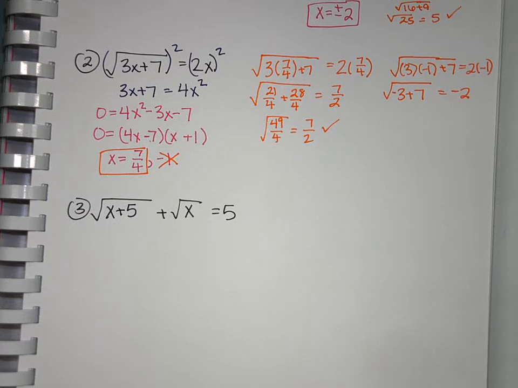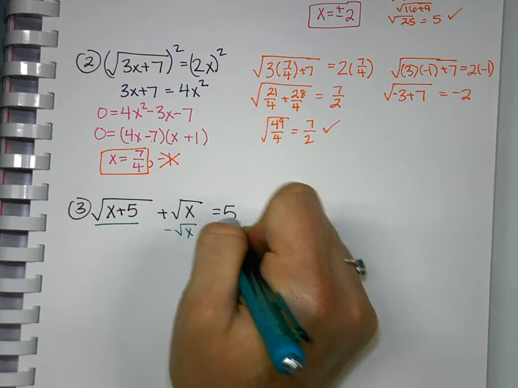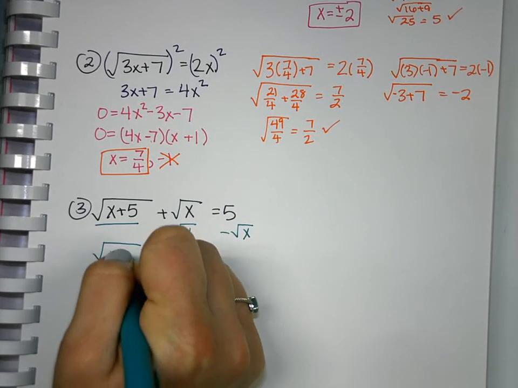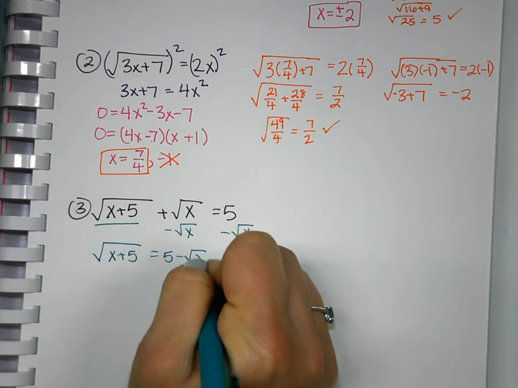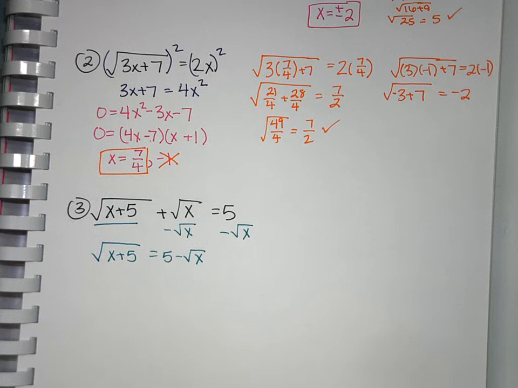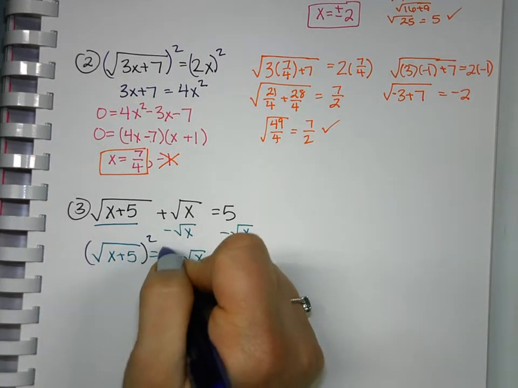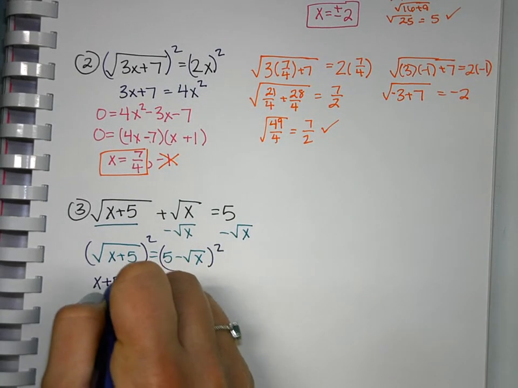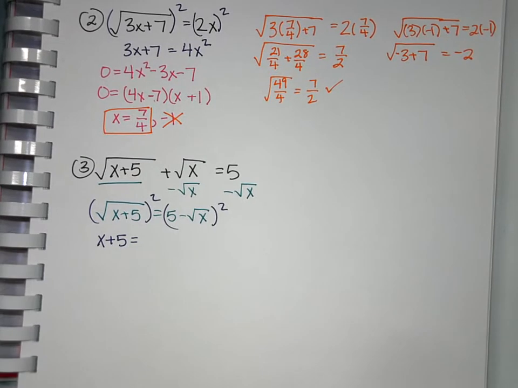So start with picking a radical to isolate. So I'm going to pick this one to get by itself. So I'm going to move the square root of x to the other side. Okay, so now I've got an isolated radical, and I'm going to square both sides to undo it. So I'm going to have x plus 5 on the left, and then on the right I actually have to FOIL that together.